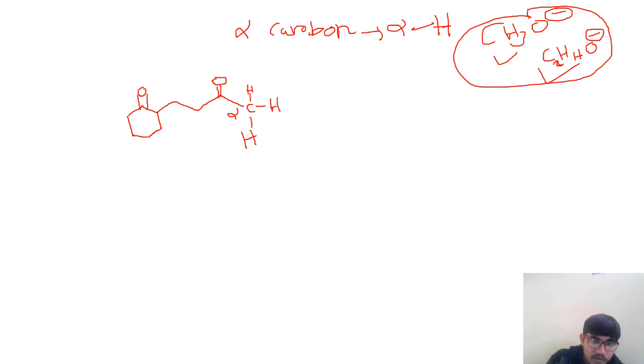In aldol condensation you can observe here one alpha carbon is there, and there is also a formation of a carbanion. So the electrons of the bond formed between the carbon and the hydrogen will be taken up by the carbon, and it will form a carbanion, same as in the case of Michael addition.